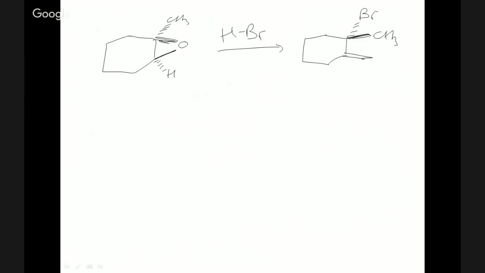So let's show a single enantiomer epoxide with HBr this time, in which you get a single enantiomer of the bromine attacking at the more substituted carbon. Again, SN2-like in that it's inversion, SN1-like in that it attacks the more substituted carbon.